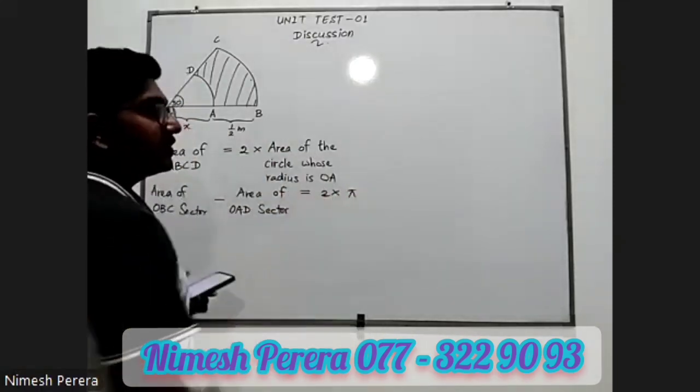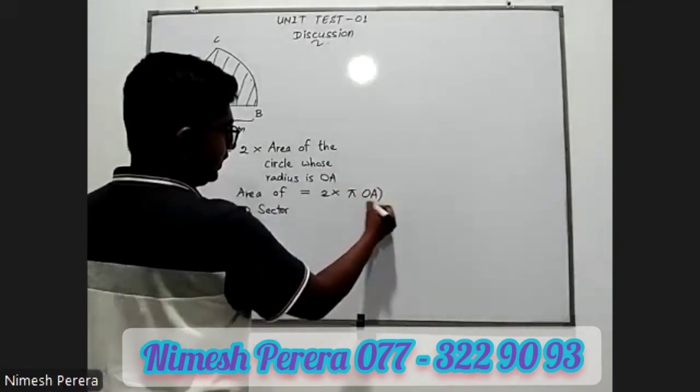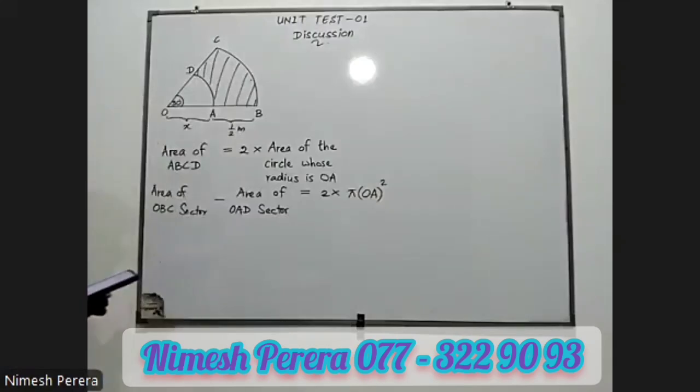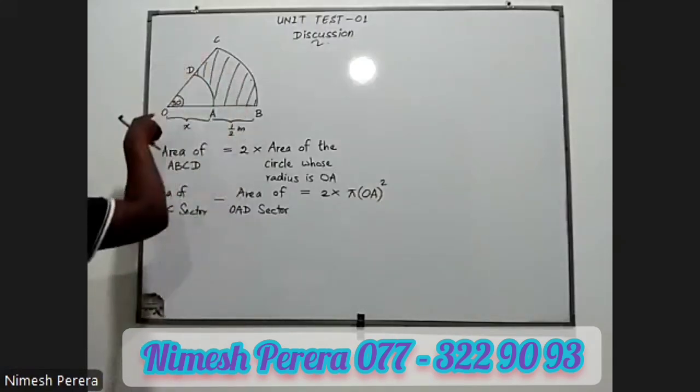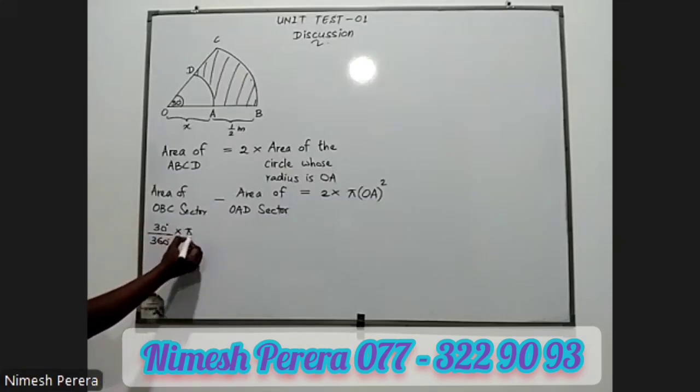Area of a circle is pi r square, that is the radius OA, pi OA square. Now, area of OBC sector, that is theta divided by 360 into pi r square.